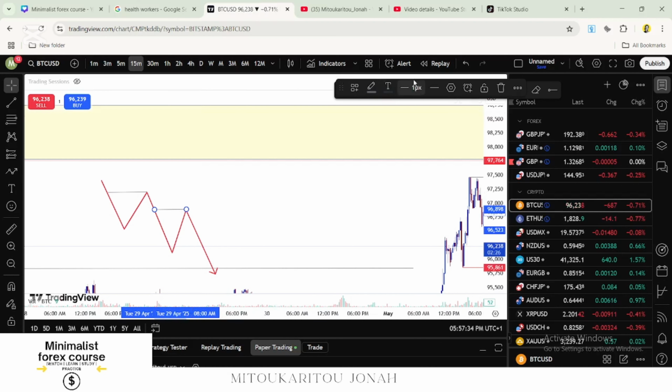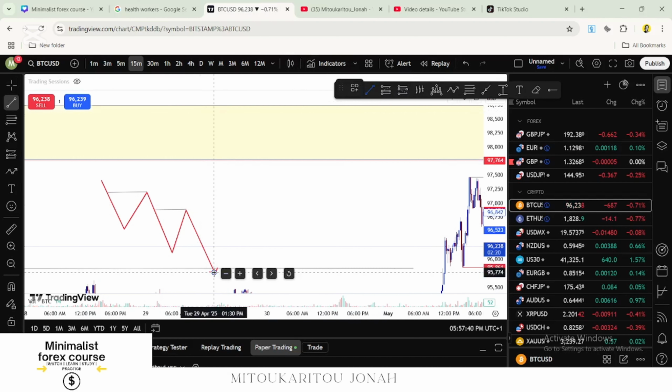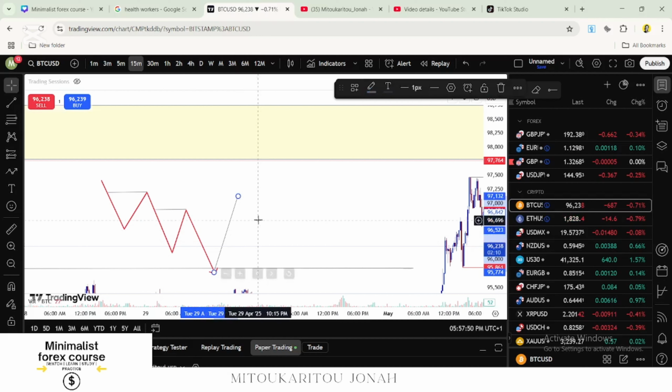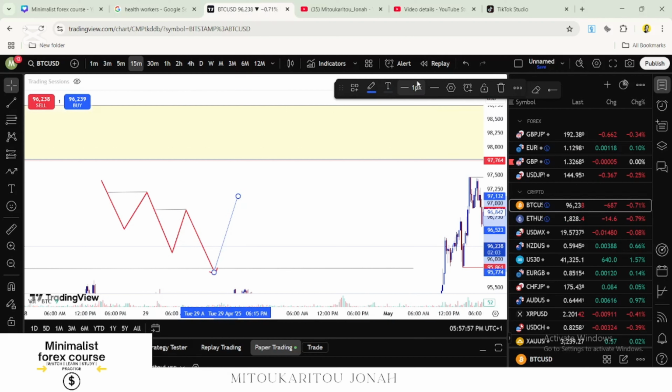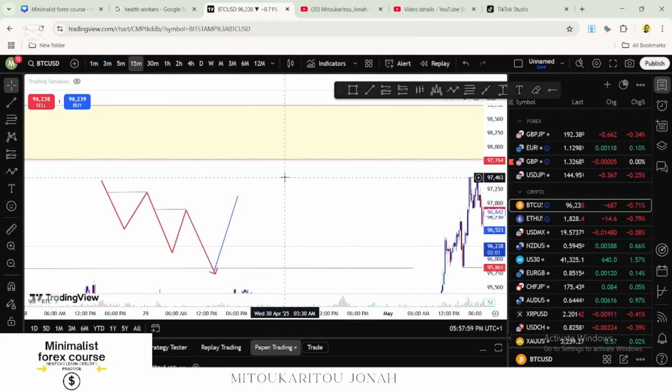Okay, so at this point, price, for whatever reason, from this point it went up. It's supposed to create another strong high to continue the bearish trend, but it came up and did this. Did this, and it did this.